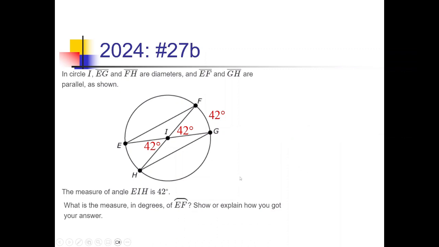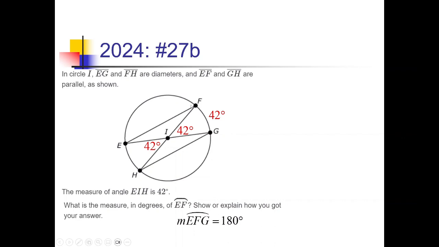For part B, they want to know the measure of arc EF over here. There's a few ways you could go about this. One way would be to figure out the measure of central angle EIF, and then that would match up with that angle. Another way you could do this is to realize that EFG is a semicircle, because EG is a diameter, so we know that arc EFG has to have a measure of 180 degrees.